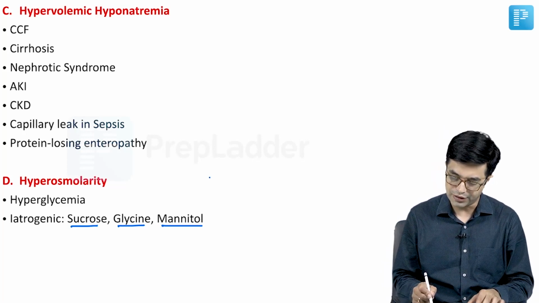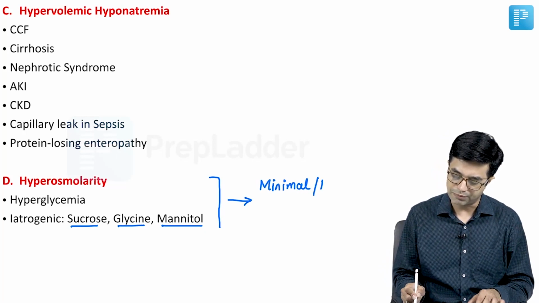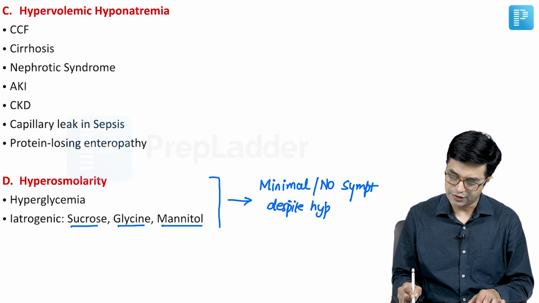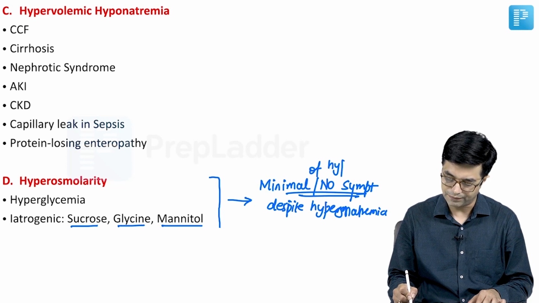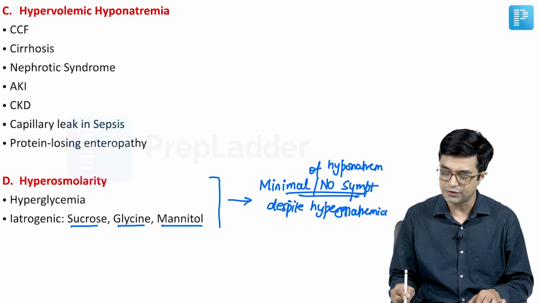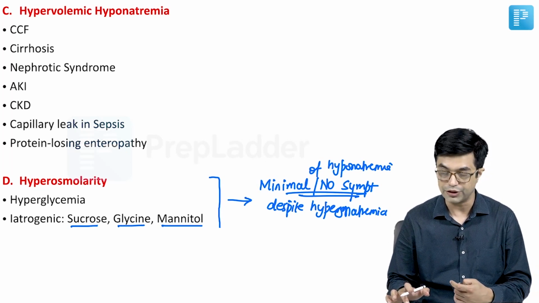So you can remember that this particular category will have minimal or no symptoms despite there being hyponatremia. When I say signs or symptoms of hyponatremia, I am not talking about other symptoms related to diabetes and mannitol. Those will be there. So this is one point that you need to remember.